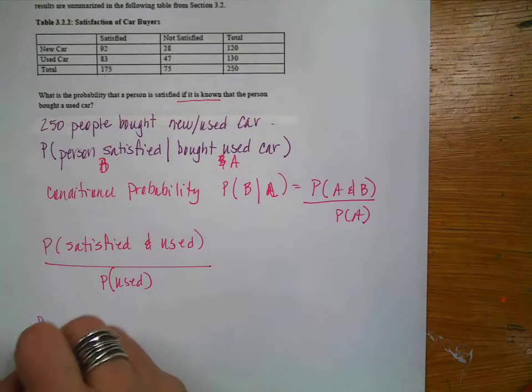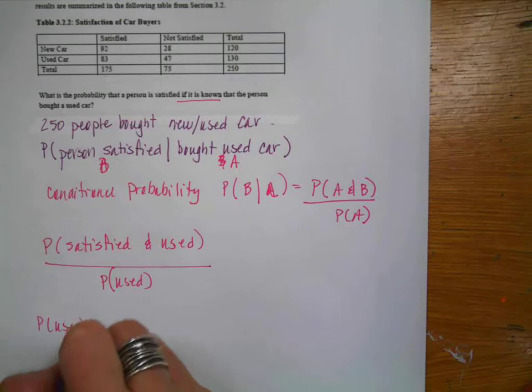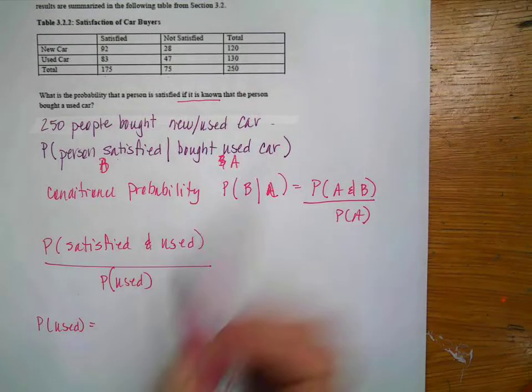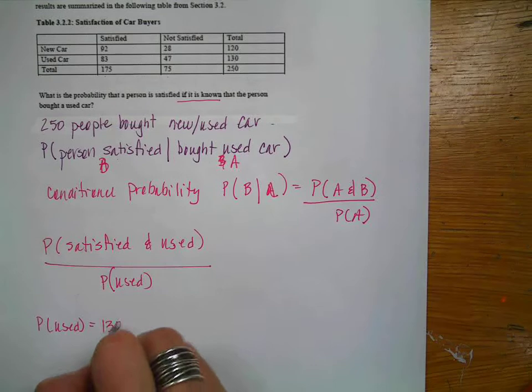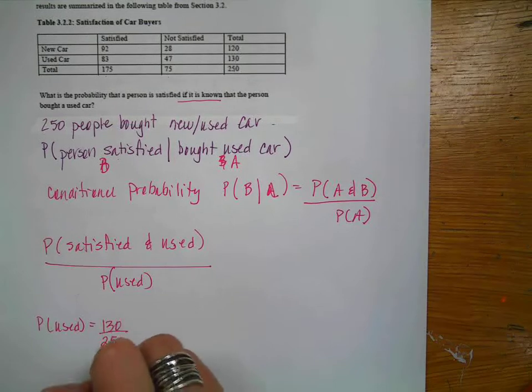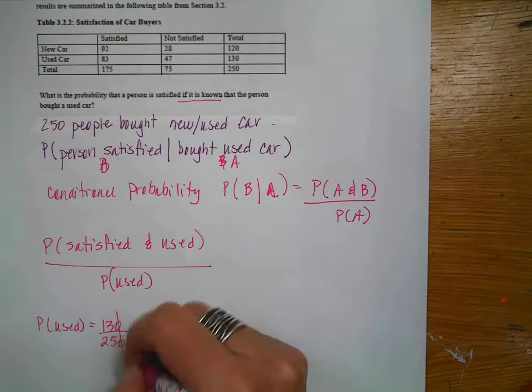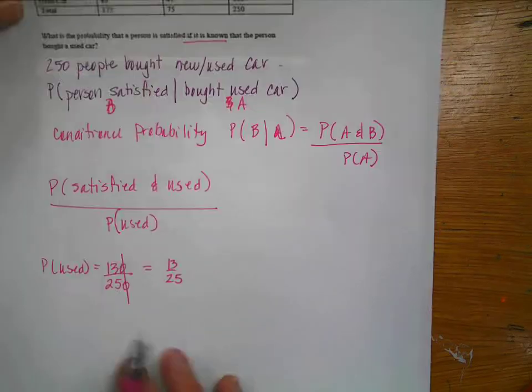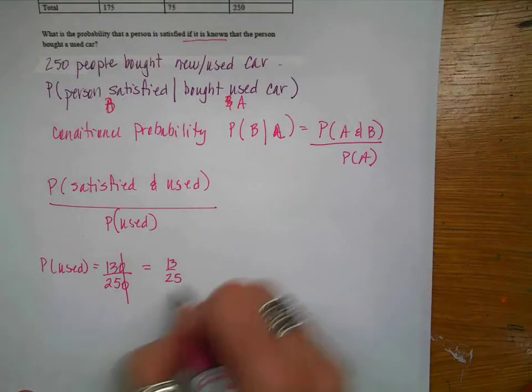And we're going to pull that information from our chart. So the first thing I'm going to do is write my probability of used. If I look at the chart, there were 130 people that bought used cars. So that's 130 divided by 250. And I can reduce the zeros and make this 13 out of 25, or I can use the 250.